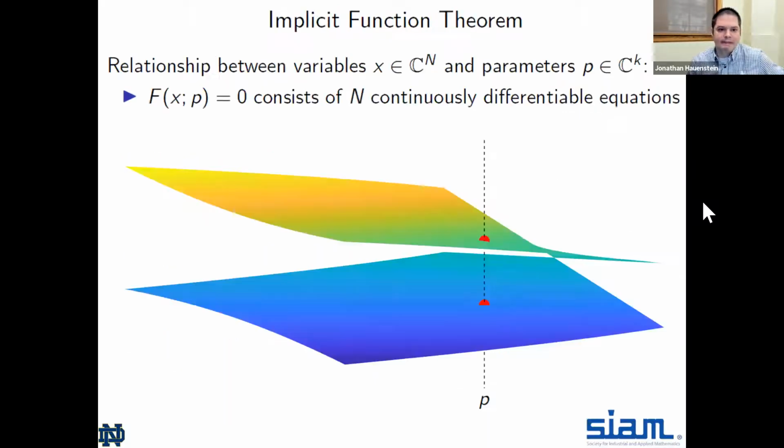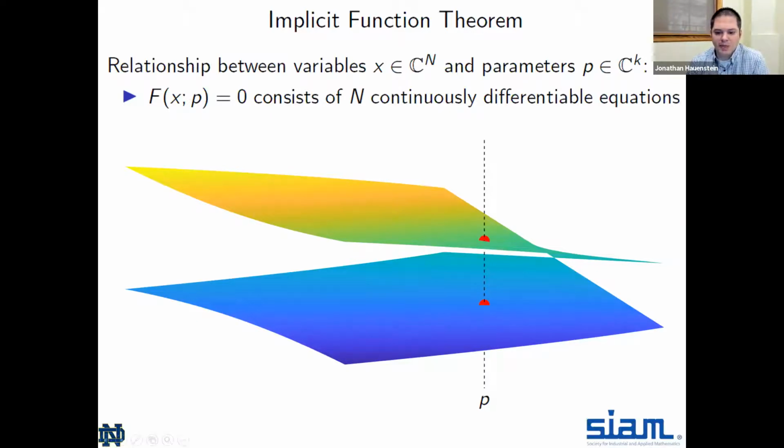Okay, so the implicit function theorem is the main theorem that governs the whole ability to relate variables and parameters. We have some system of equations F, and for simple sake, let's just assume they're continuously differentiable. Typically, these will be algebraic, so these will be nice polynomial systems.